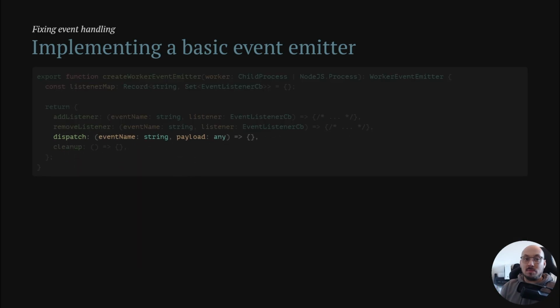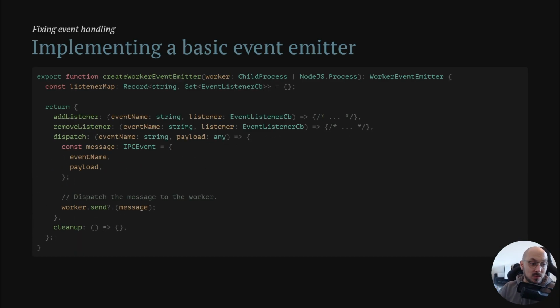All right, dispatch. Dispatch is going to be really easy because we just need to toss those two things into an object. We can provide some strict typing of what that structure looks like, and then we have to send it over the worker. There is one caveat here, which is we have to act like send might not be there, and that's specifically because of the Node.js process.